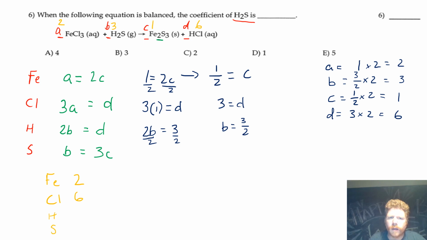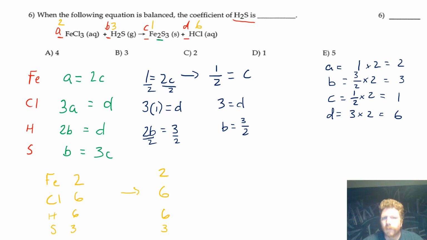H and S. I've got a 3 coefficient out in front of my H, so with a subscript of 2, I've got 6H and 3S. Now on my product side, I've got 2Fe and 3S. I'm just going to align all these down here at the bottom of the page. Then my other product, I've got 6H and 6Cl. So it looks like I'm balanced.